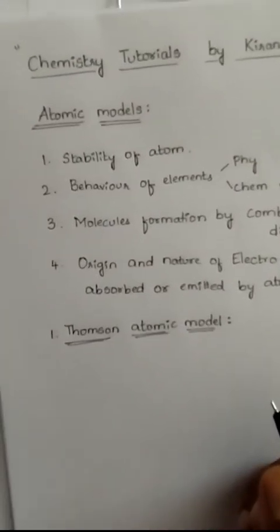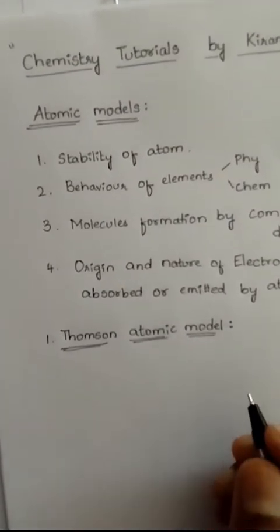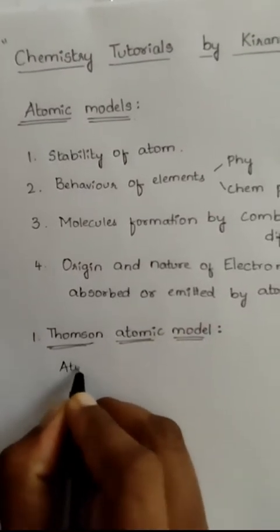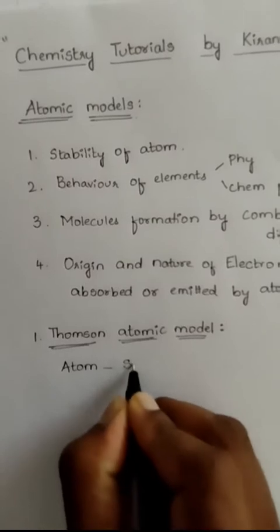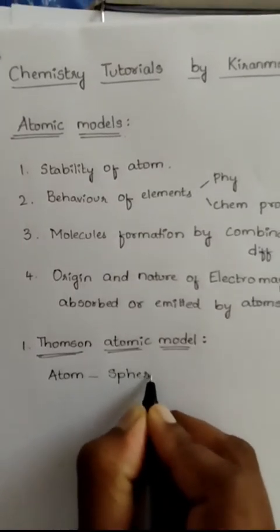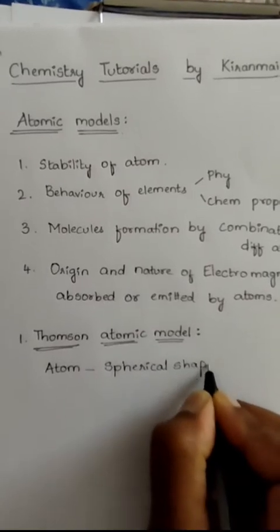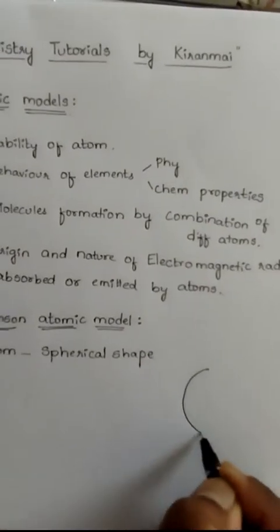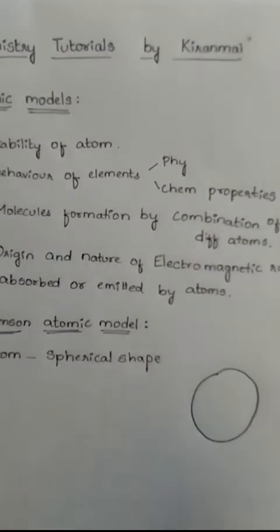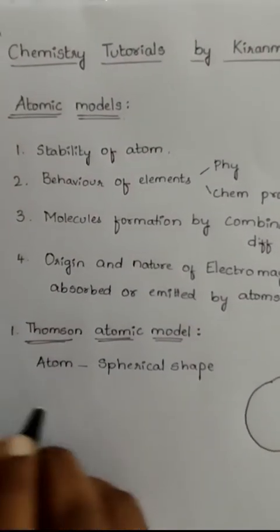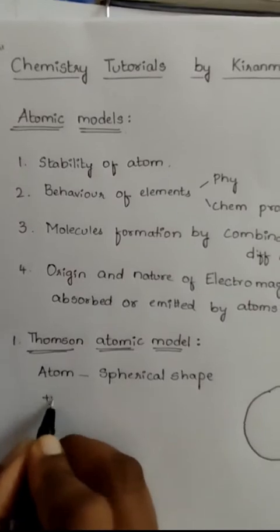According to Thomson, atom has a spherical shape. And in this, positive charge is uniformly distributed.